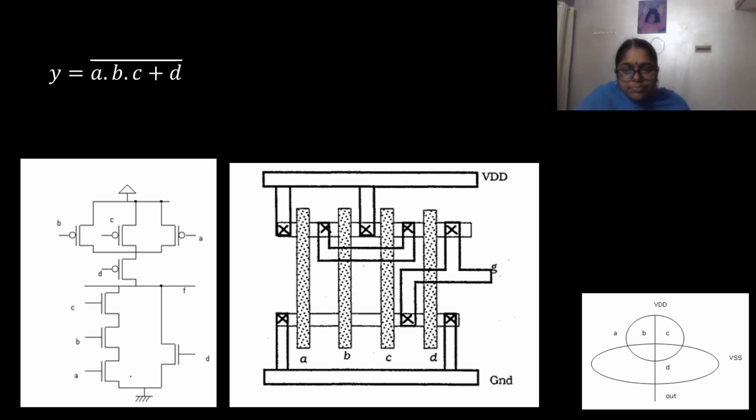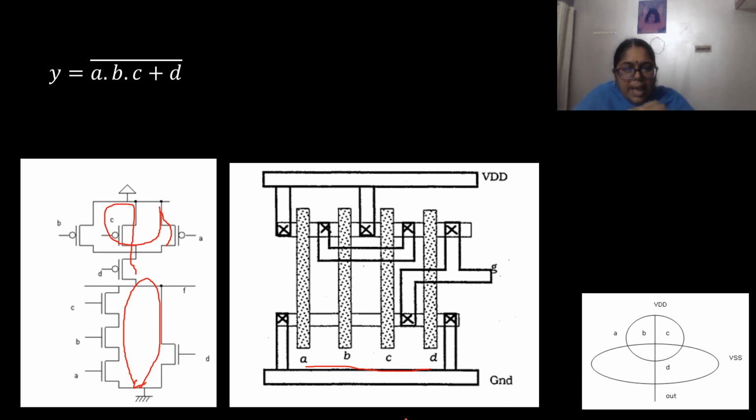Once again, A, B, C, D, we got the path in the NMOS. Here also we have A, B, C, D in case of PMOS. So A, B, C, D are the inputs which need to be given in this particular order.